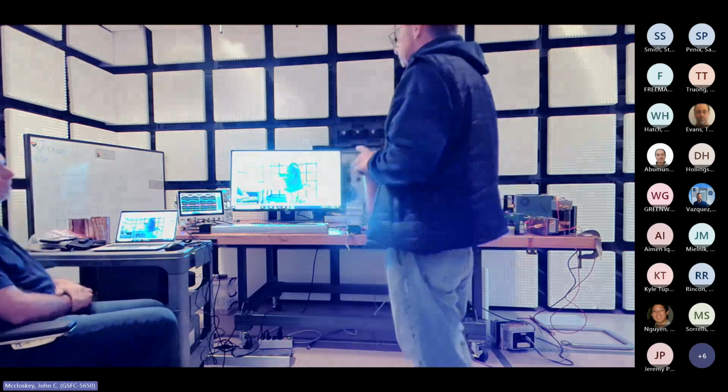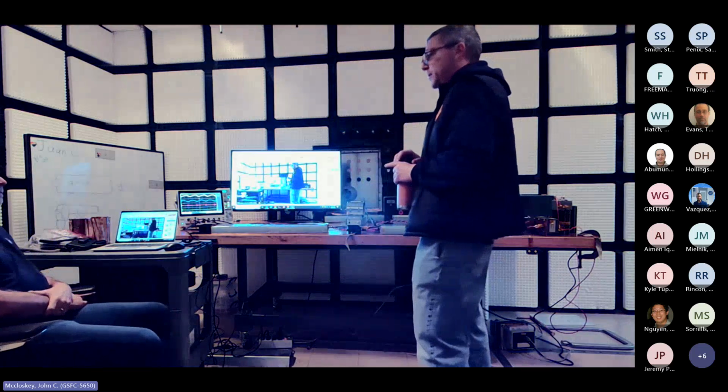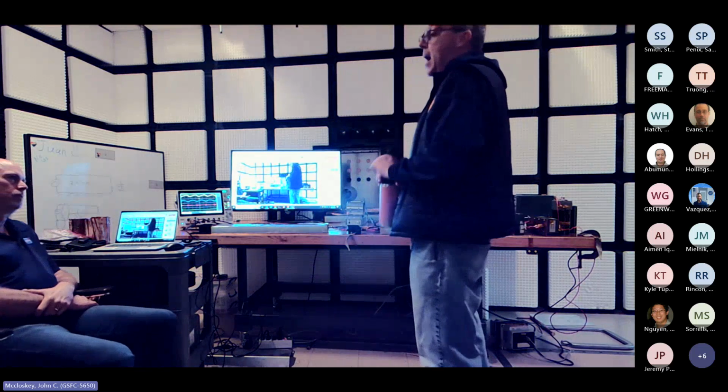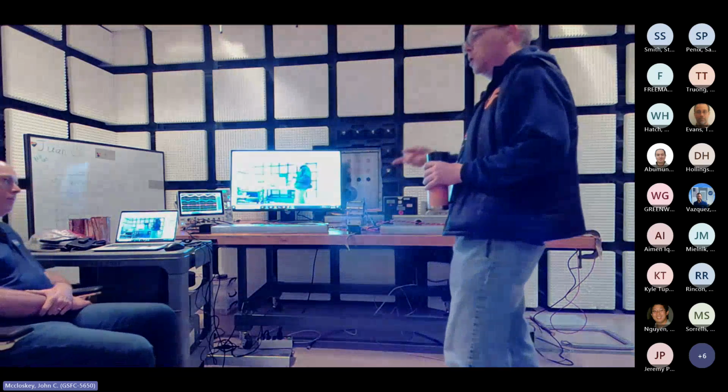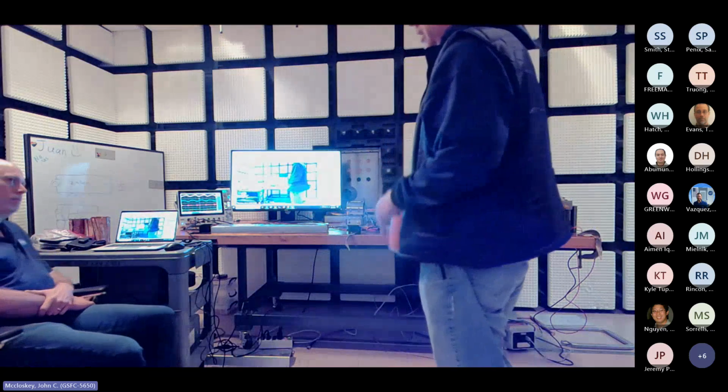So you can capture all those things with an FFT. You cannot do that with a traditional receiver. You would be sitting there all day long hoping that you would capture it, but you'll probably never do it.